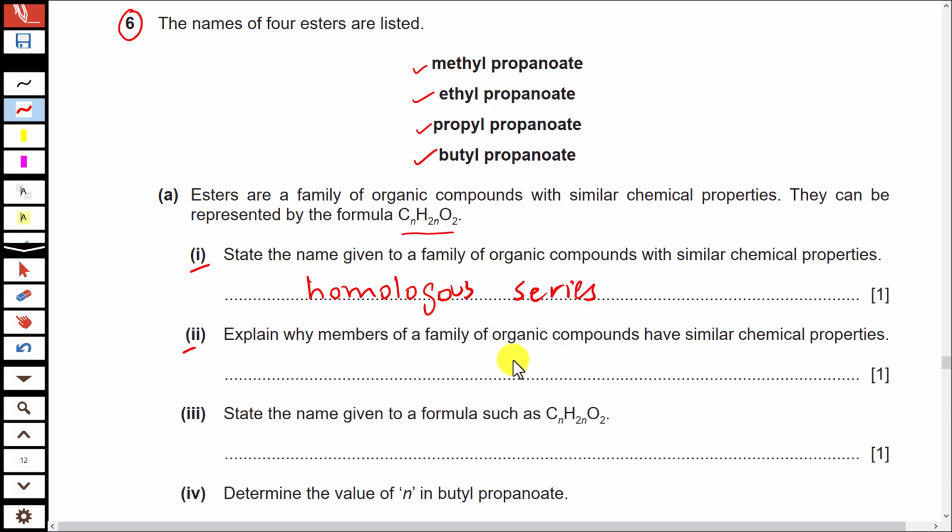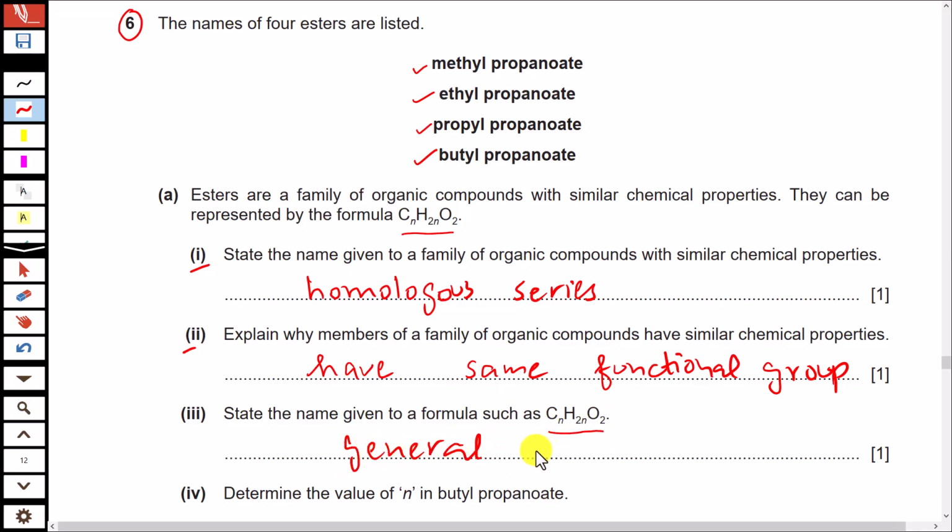Explain why the members of a family of organic compounds have similar chemical properties. They have similar chemical properties because all the members of the same family have the same functional group. State the name given to a formula of this type: such a formula is called the general formula for a class.